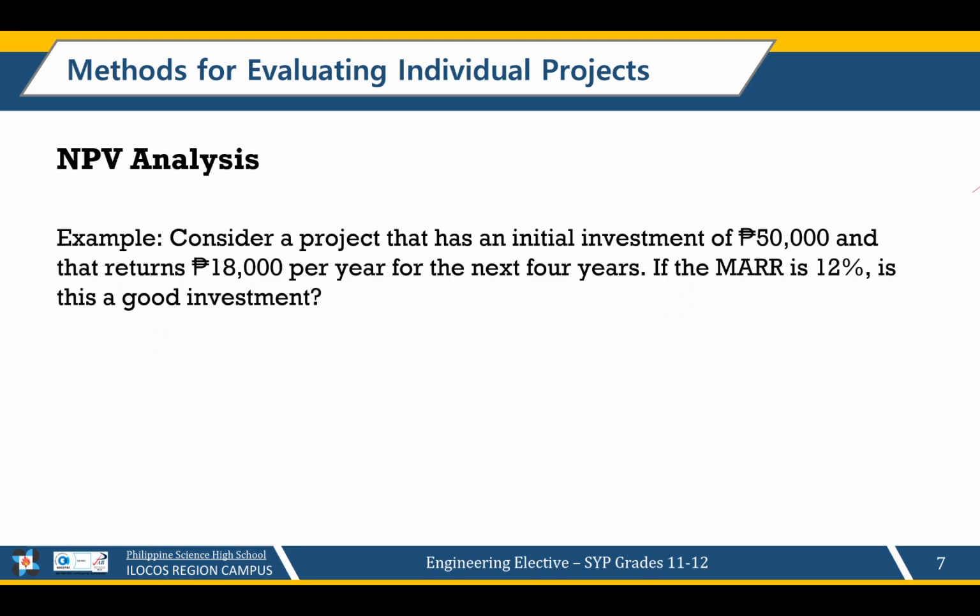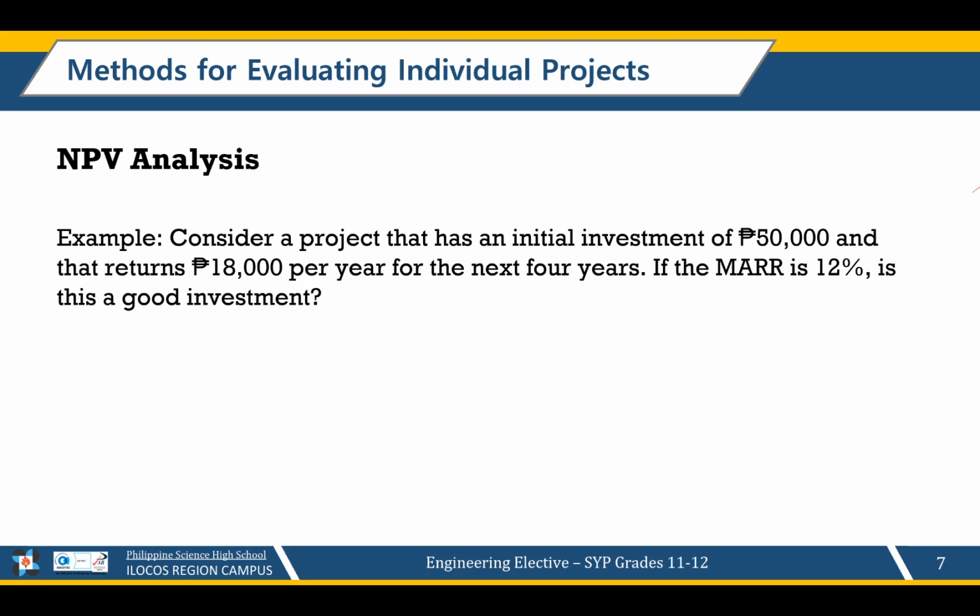Okay, so for example, we have here a project with an initial investment of 50,000 and it returns 18,000 pesos per year for 4 years. If our I is 12%, we are going to analyze if this project is acceptable or not.